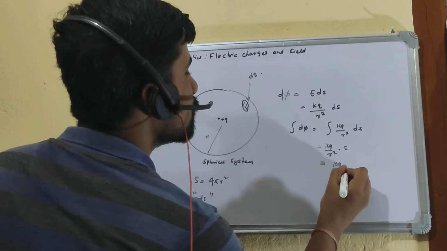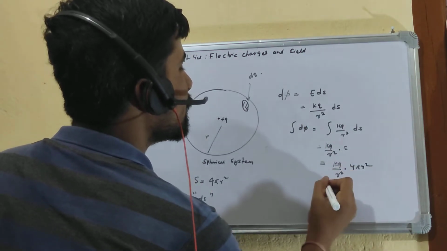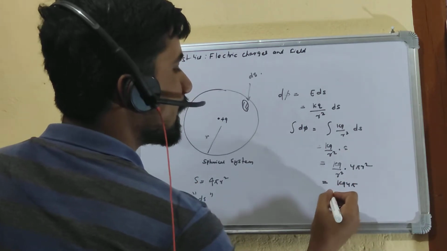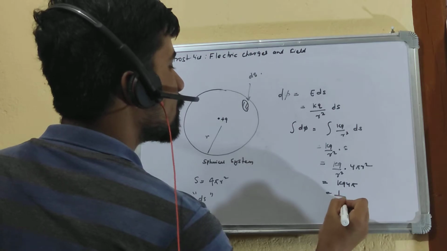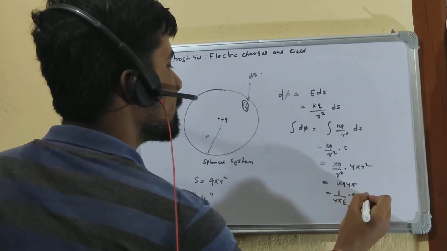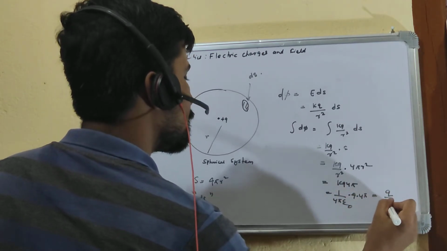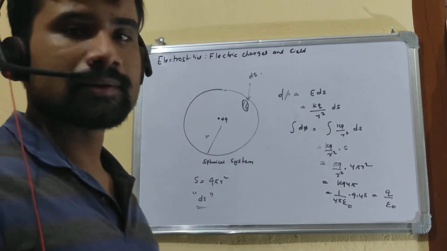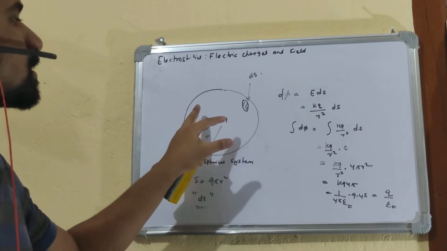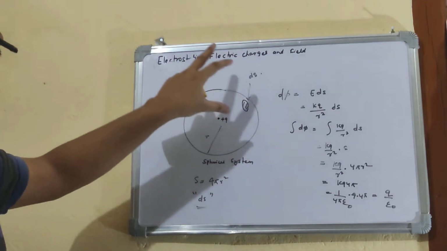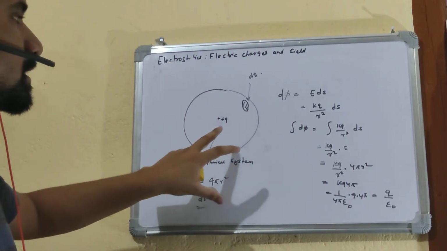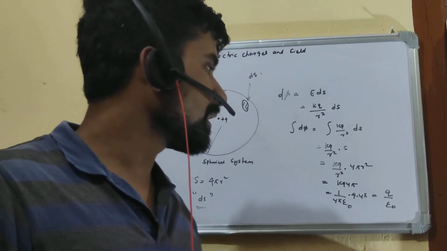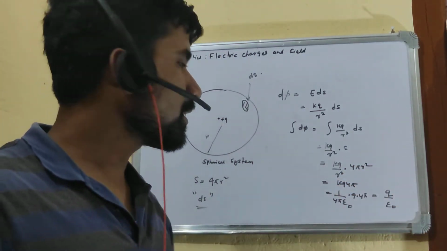So kq by r square into 4 pi r square is kq 4 pi. And k is nothing but 1 by 4 pi epsilon naught, so this becomes 1 by 4 pi epsilon naught into q into 4 pi, which is q by epsilon naught. So the flux due to this point charge through this spherical surface is given by charge by epsilon naught, which is charge by permittivity.